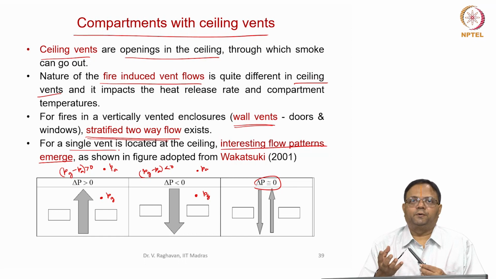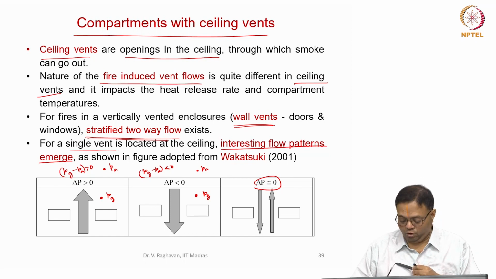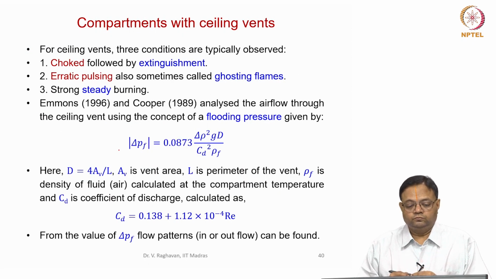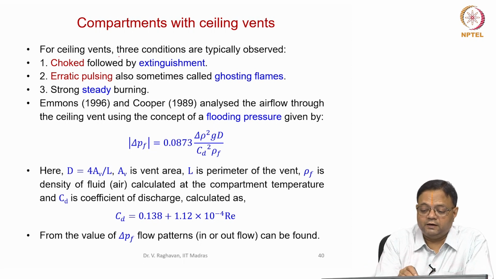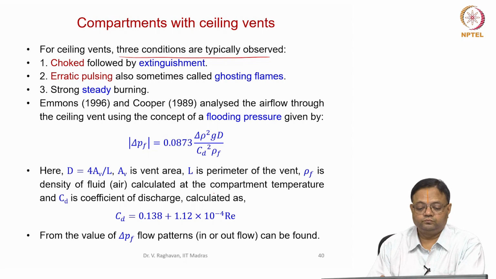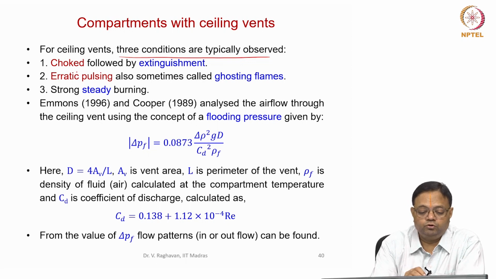So, these are some special cases where ceiling vents are also available. Now, for compartments with ceiling vents, three conditions are typically observed. First one is choked flow followed by fire extinguishment, that the fire can go out.